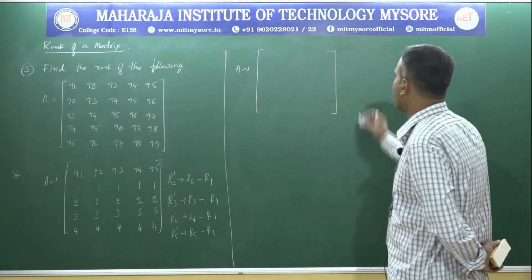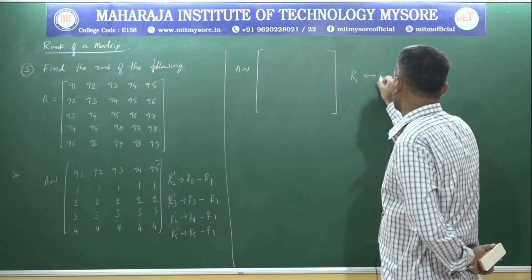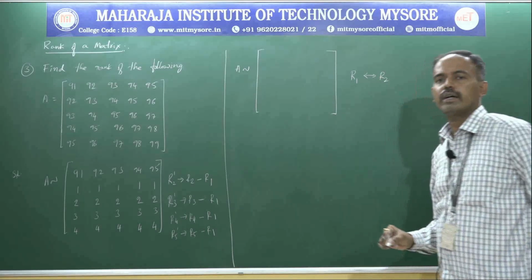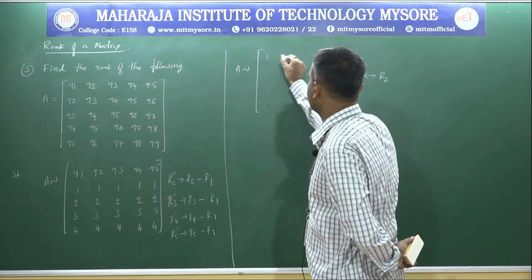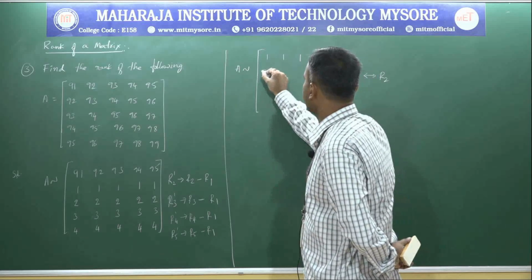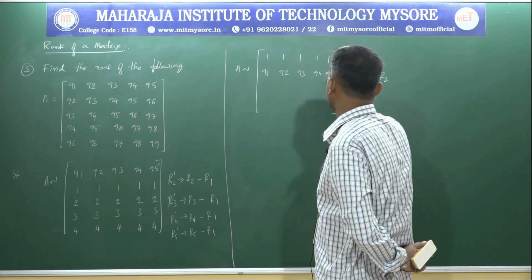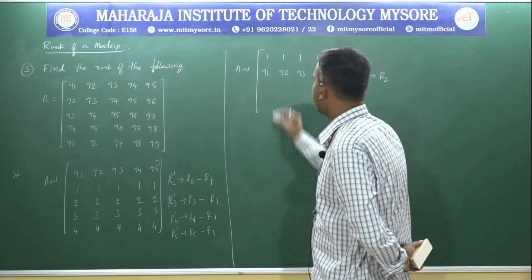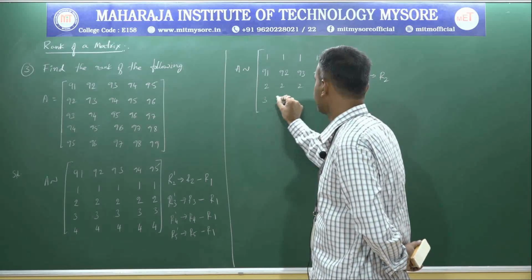Okay, now we can apply the row transformation R1 and R2, the row 1 and row 2 interchange. Now after the interchange, the elements can be specified like this. The remaining elements have no changes, same as it is, write down.